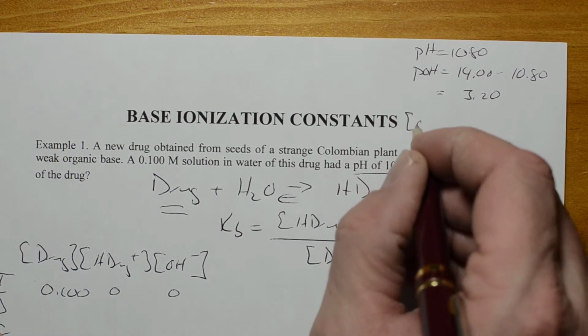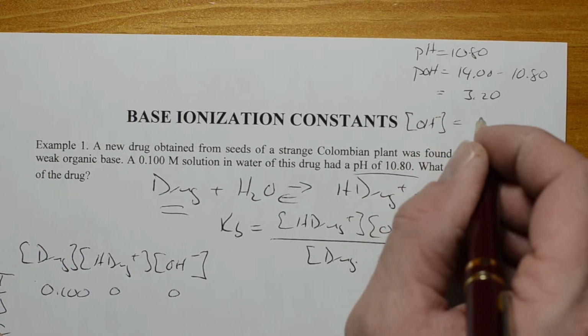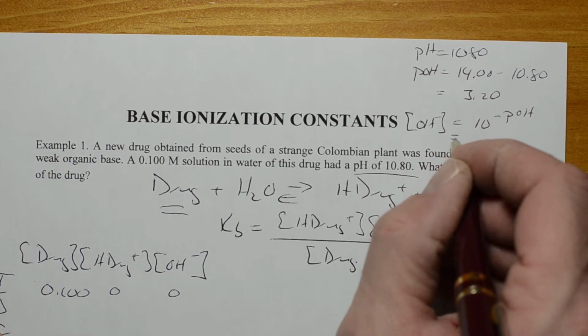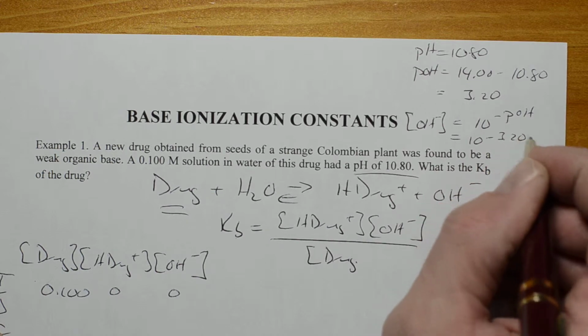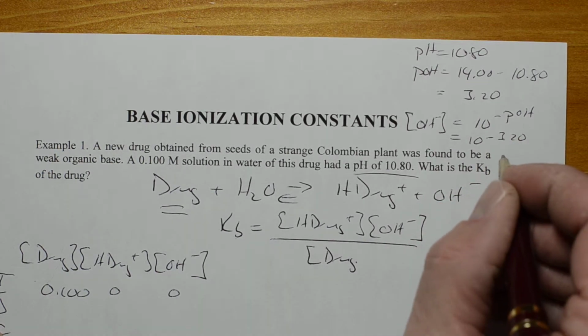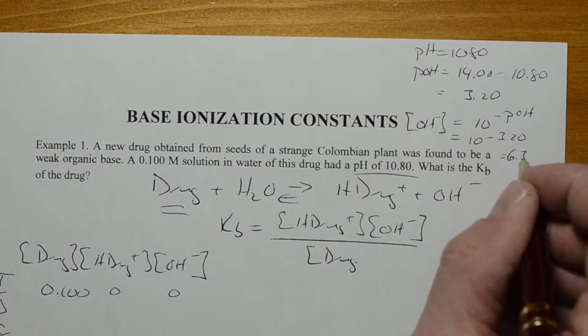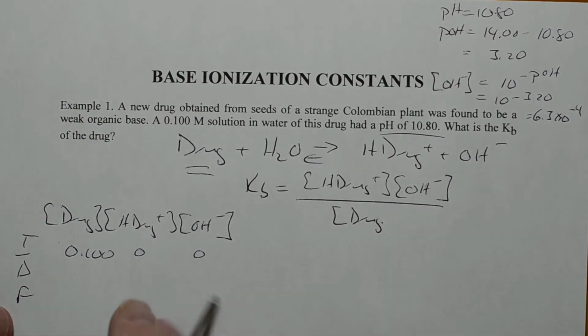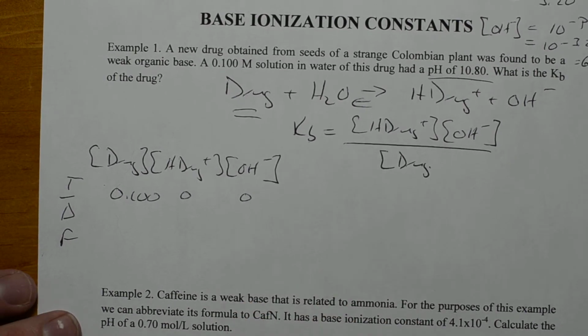And if we want to calculate our OH minus concentration, that will be 10 to the minus pOH, which is 10 to the minus 3.20, and I think that's equal to 6.3 times 10 to the minus 4 molar.